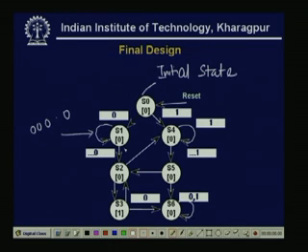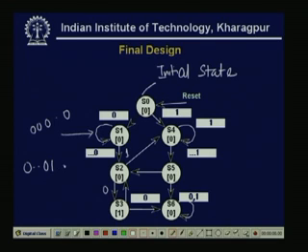Now if a 1 comes, there is a transition from S1 to S2. Every state can have two inputs, either 0 or 1. The present state is S2, reached after some zeros and then a 1.